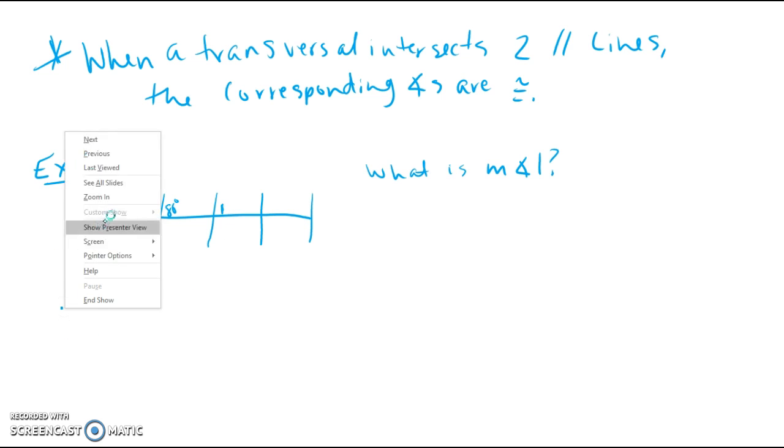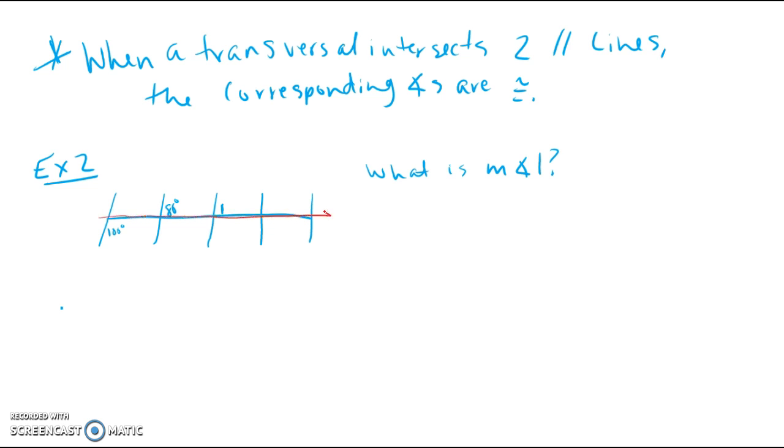So in order to solve this, remember, this is my transversal. I'm going to look at my parallel lines. So angle 1 is on this parallel line, and I also have an angle measure on this parallel line and an angle measure on that parallel line.